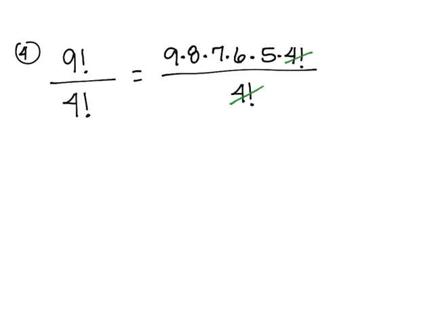It's a way to simplify, where you don't have to have a huge number on top and a huge number on the bottom and then try to reduce that fraction. You can simply walk your top until you get to the number that's on the bottom in factorial form, and it will cancel. So now you would just multiply 9, 8, 7, 6, and 5 together, and that would give us 15,120.